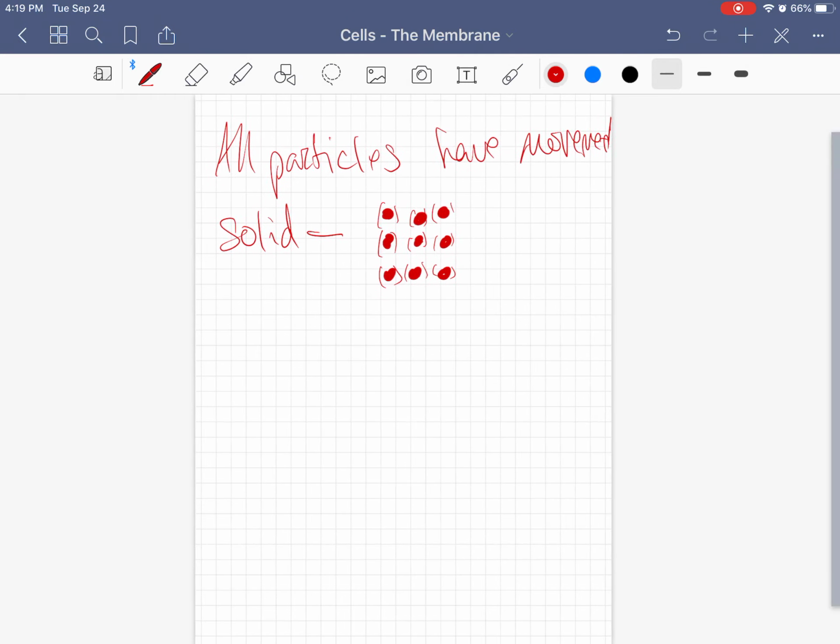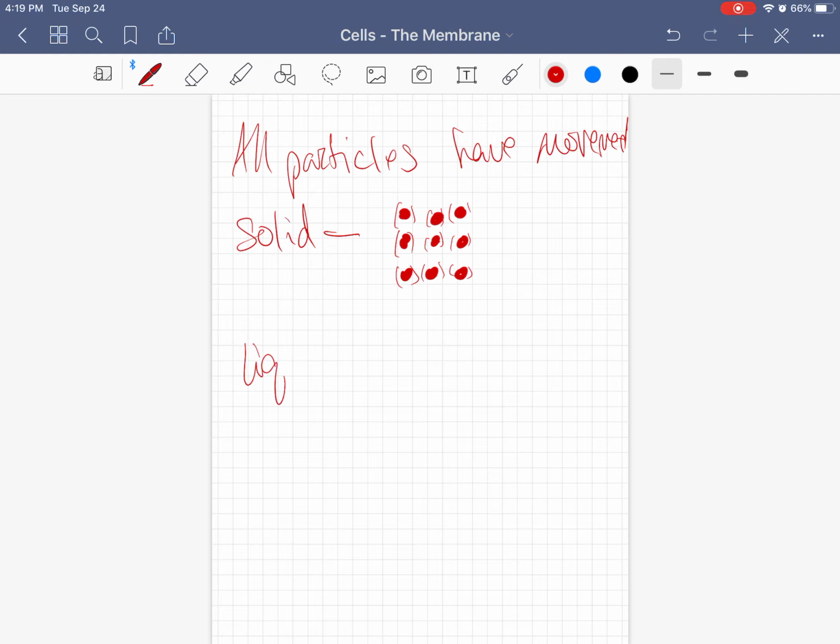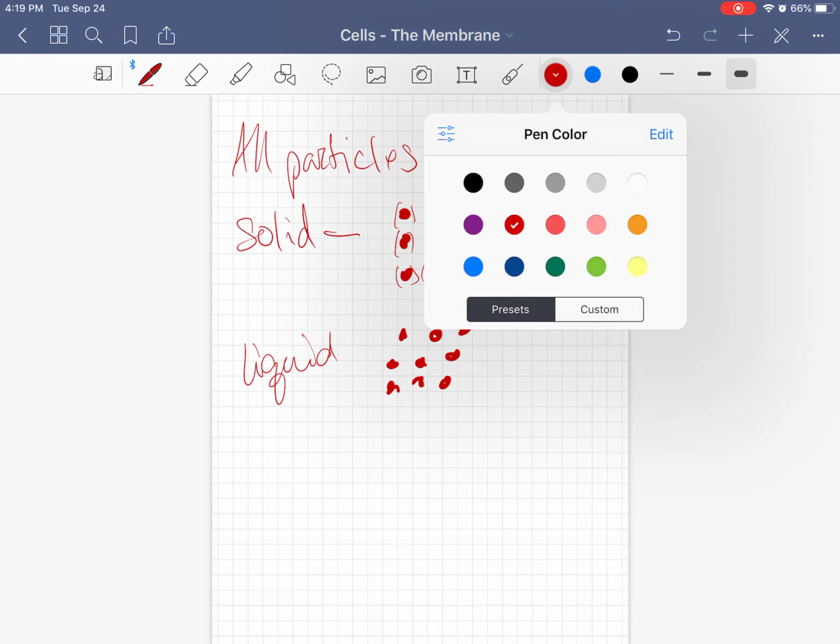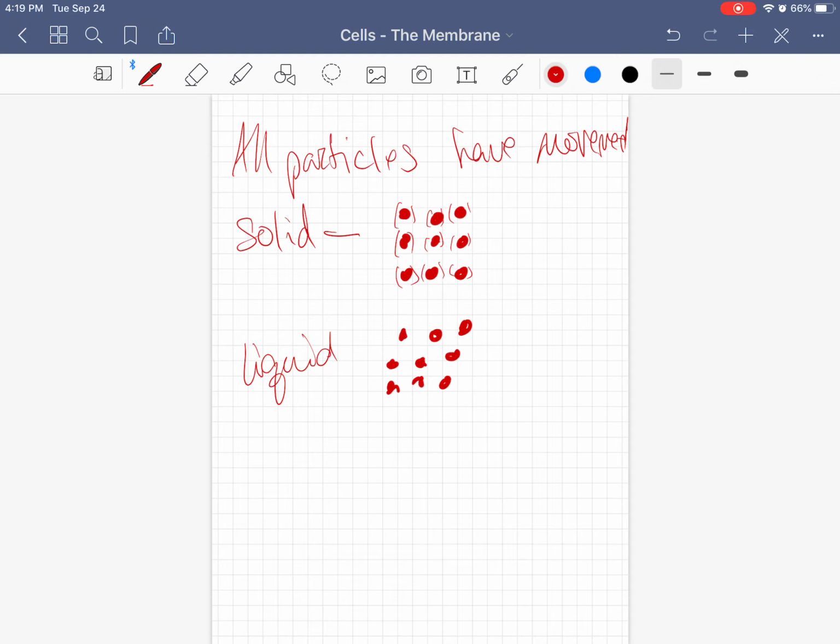Now, if you are a liquid, the particles in the liquids, not only can they move around, they can move around each other. So they'll shift past each other, right? They occasionally break through, but mainly they're just moving past each other.